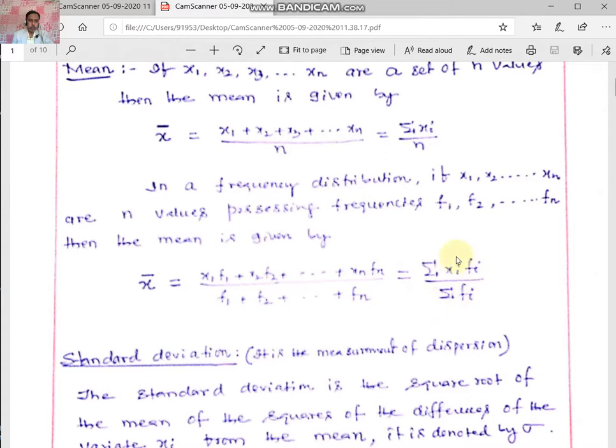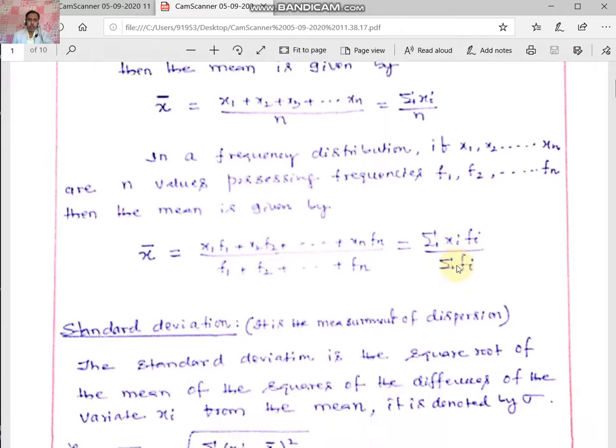So this is denoted by x bar, called the mean of x values when frequencies of x have been given.